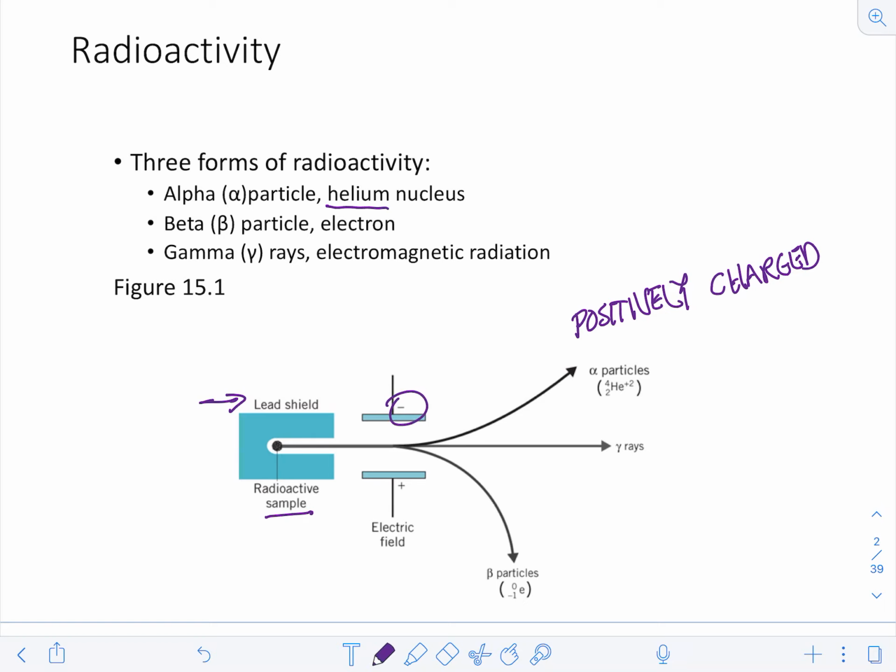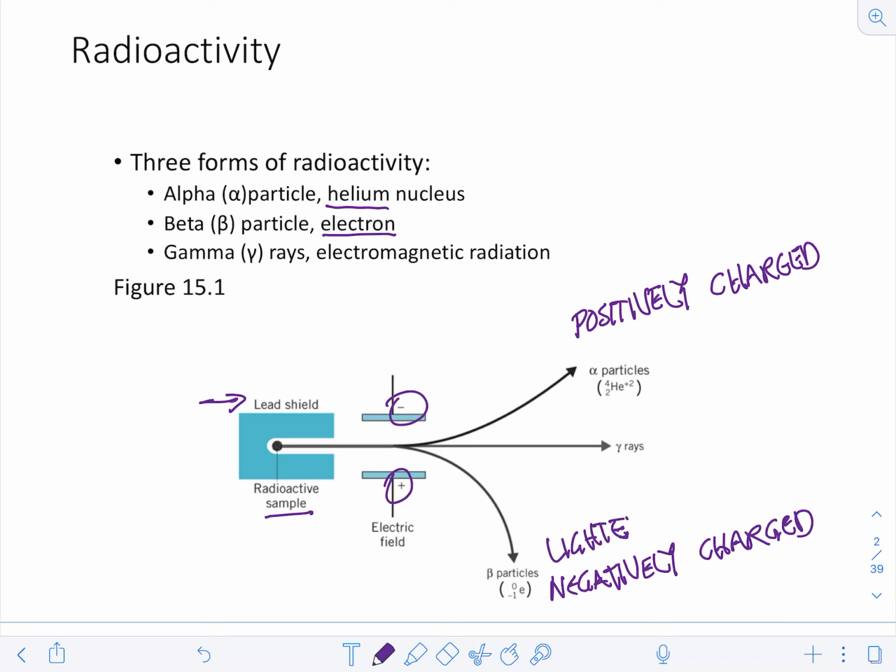Now beta, which is the size of an electron, so it's significantly smaller, is negatively charged. Because it is negatively charged, it would be attracted to a positive plate or a positive field. Notice that it's actually bending more than the alpha particle, and the reason is that it's a lighter particle.